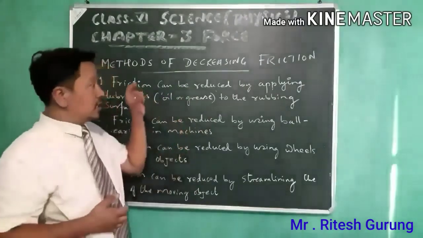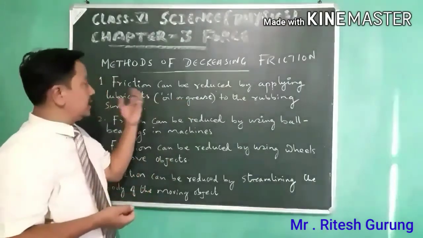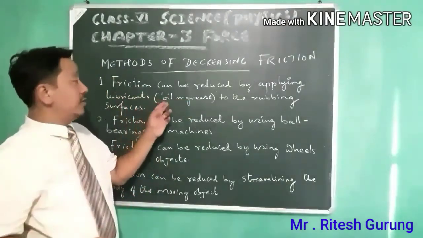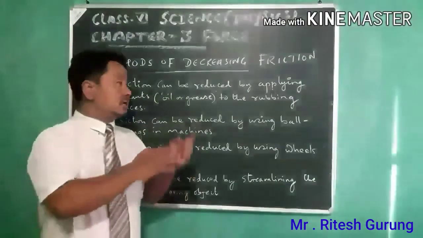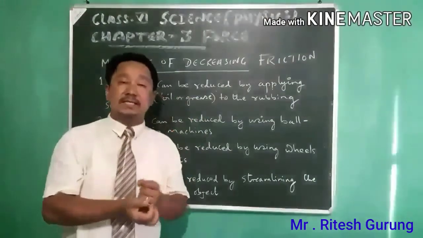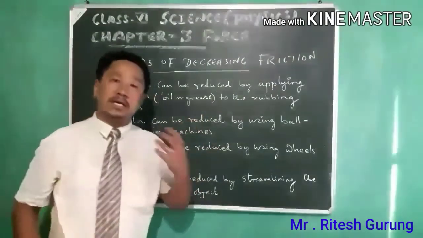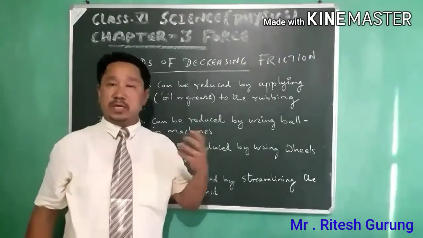Okay, so what we can do is apply lubricants like oil or grease, so that the rubbing surfaces will have less friction, and the work can be done easily and very smoothly without any problem.